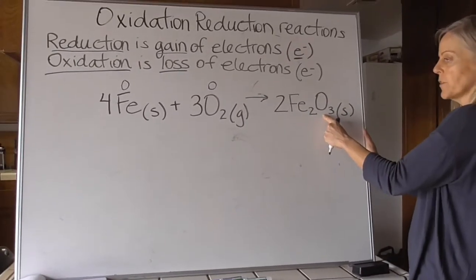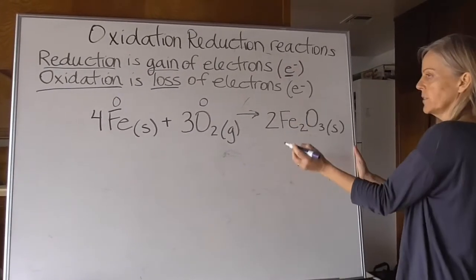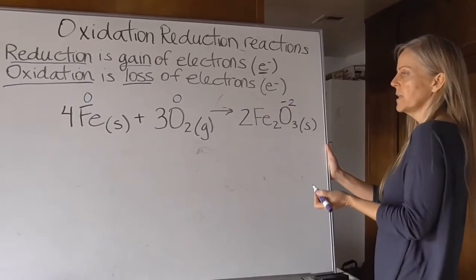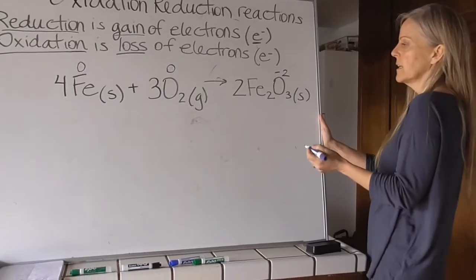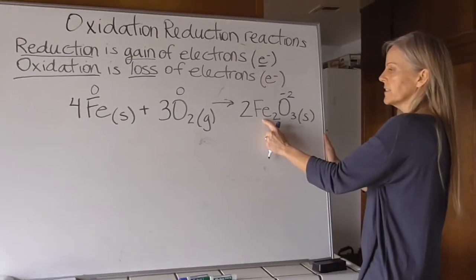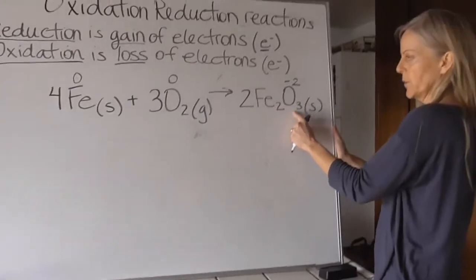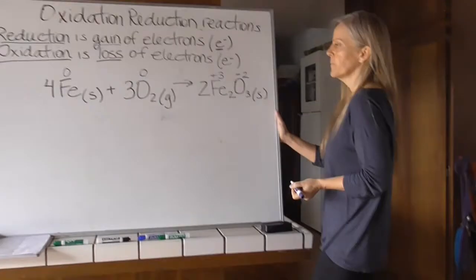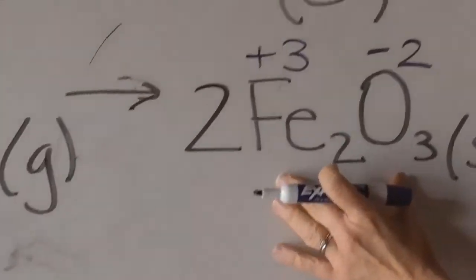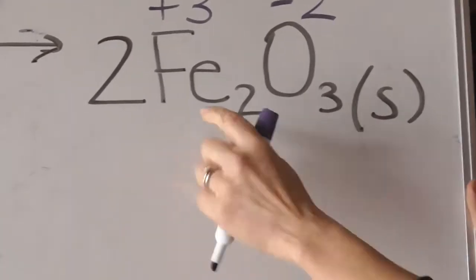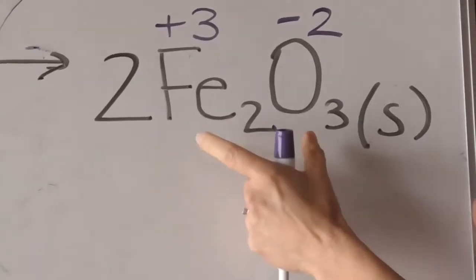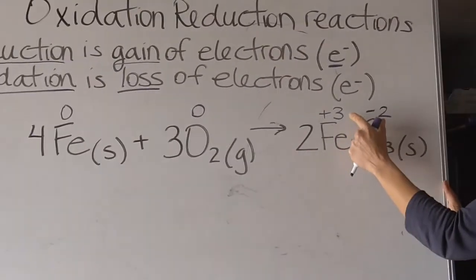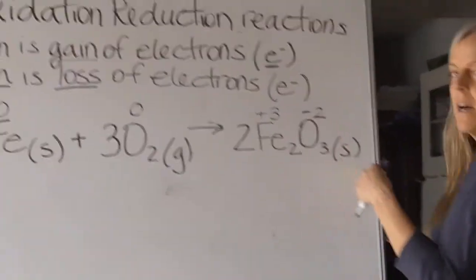So we have a rule for O, oxygen. If you look at your list of rules, oxygen is going to be -2, almost always. And then for iron, because oxygen's -2, iron's going to be +3. The other way you could look at this is an ionic compound. You can tell because there's the metal and non-metal. So because it's an ionic compound, you can think about these in terms of charges being the oxidation numbers.